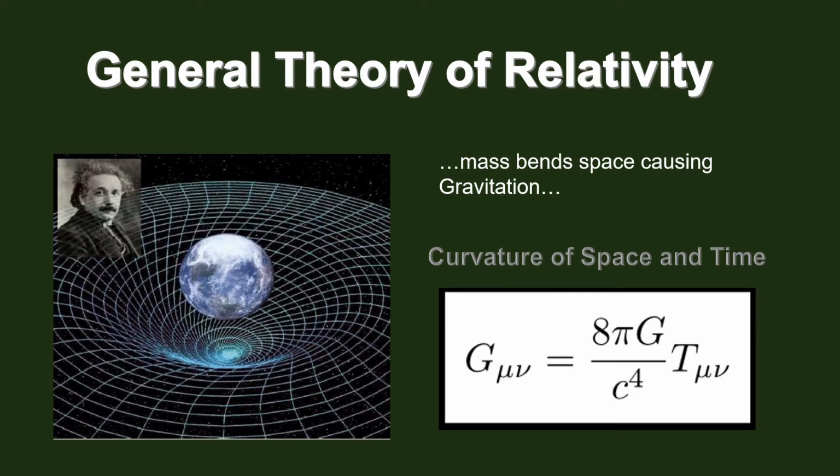Actually, the light bends, and this curvature causes gravitation. And this is a formula that he came up with. We don't really need to use this general theory in this course at this level, but just be aware of it.